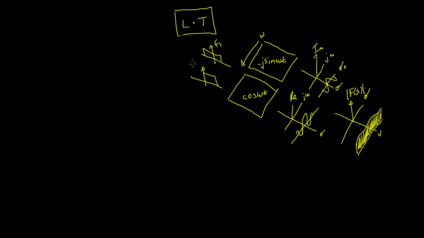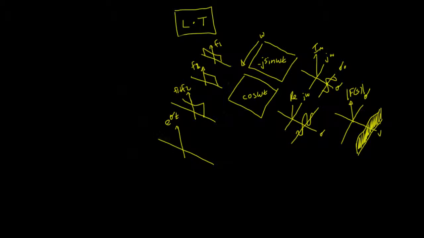Now we add up f1 and f2, so we get a third function, f1 plus f2, and then we modulate that by e to the sigma t, as opposed to e to the minus sigma t.